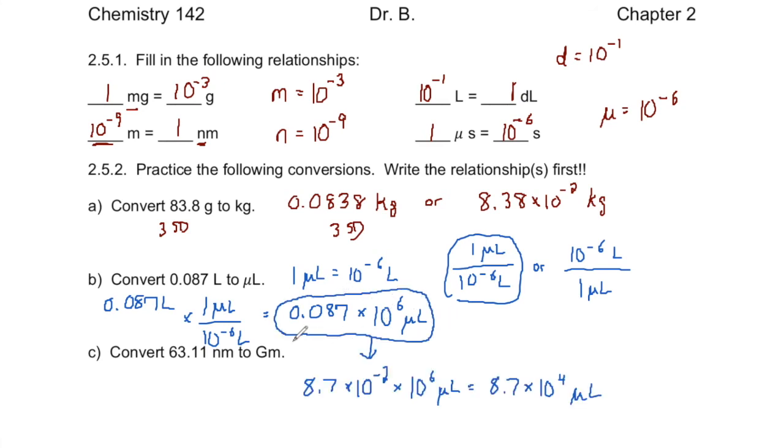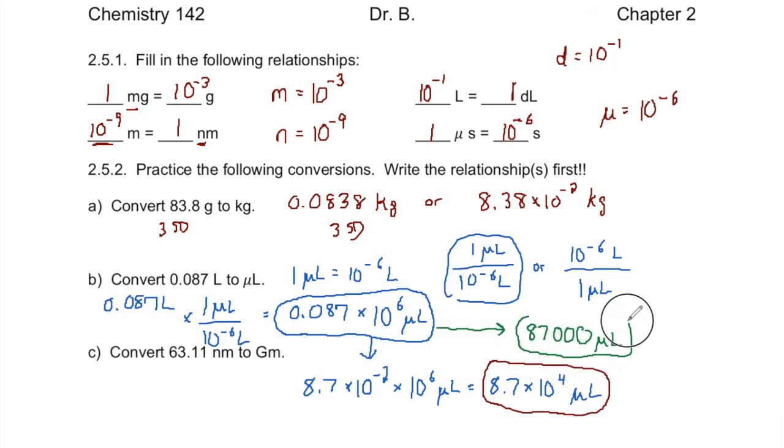This is still not finished because we need to put this in either scientific notation or regular standard notation. If we convert 0.087 to scientific notation, we get 8.7 times 10 to the negative 2, and then we can multiply this by 10 to the 6 to get correct scientific notation of 8.7 times 10 to the 4 microliters. Or we can convert this to standard notation, 87,000 microliters.